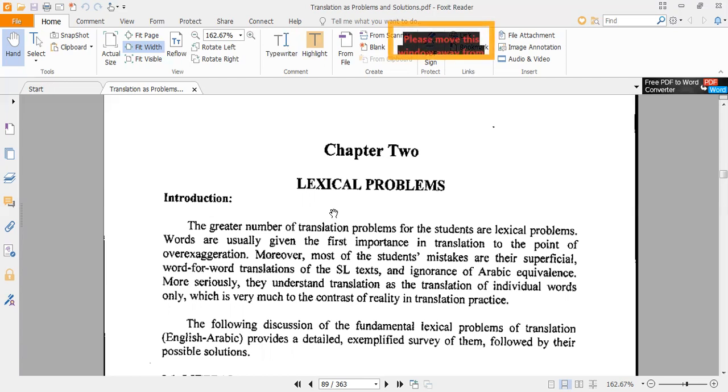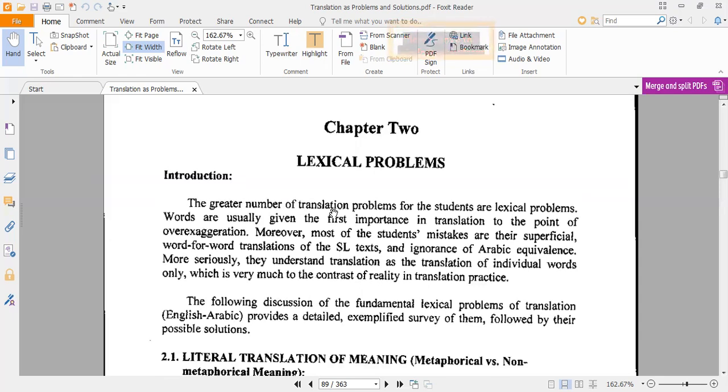Actually all of these issues we have talked about in the previous lectures. Today we are going to move and to talk about lexical problems. Actually, lexical problems occur at the word level. Also, they are the widest type of problems and difficulties that students usually face. Why? Because of the overuse of word for word translation.